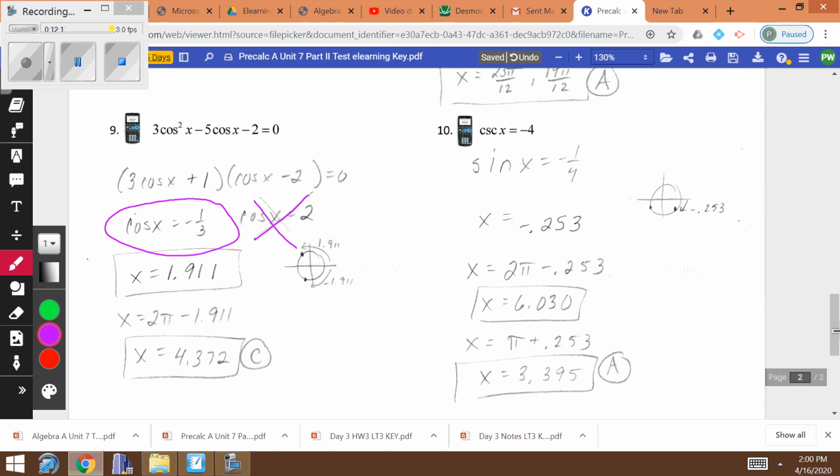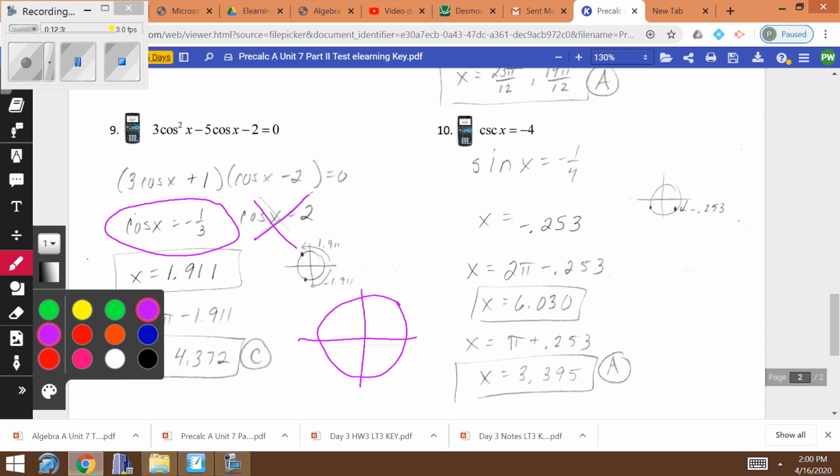A lot of people had the right picture, but picked the wrong answer. A lot of people said it was pi plus 1.911. If you think about that as your answer, that would put you into quadrant 4, if you're taking pi and adding something that's big on the way there. So if you think about this one, I'll draw it even bigger. I don't know if that helps or not.